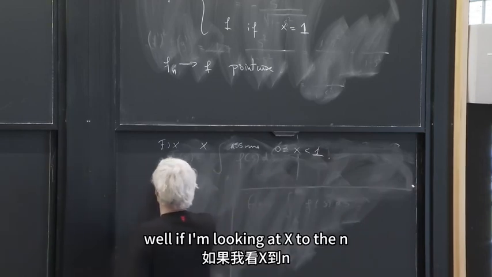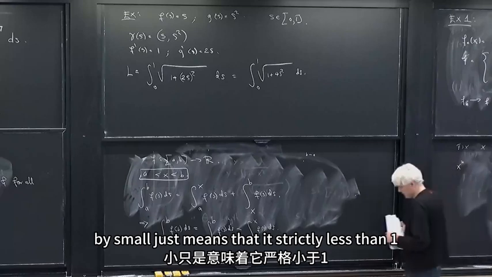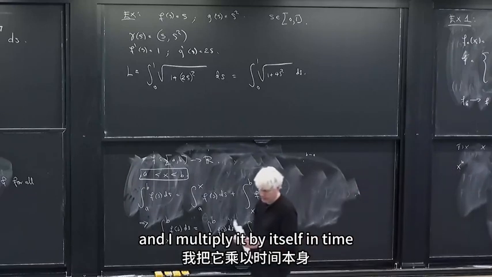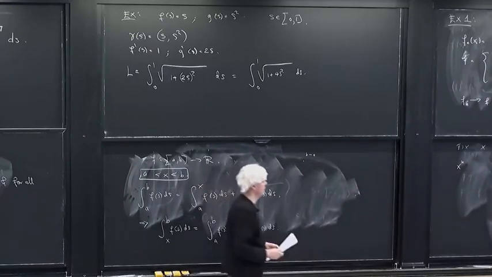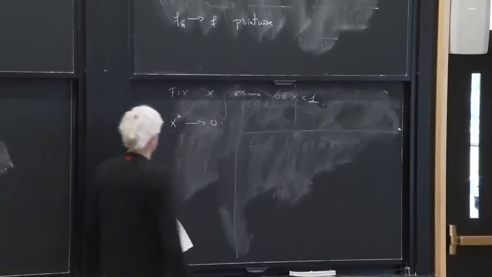Well, if I'm looking at x to the n, I take some small number, small just means that it's strictly less than 1, and I multiply it by itself n times. Well, that certainly goes to 0. Right?